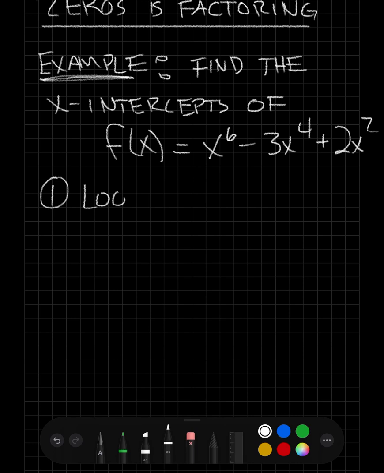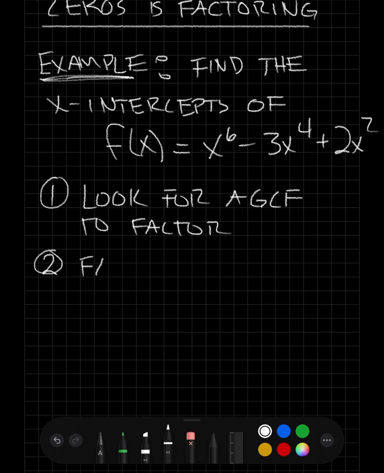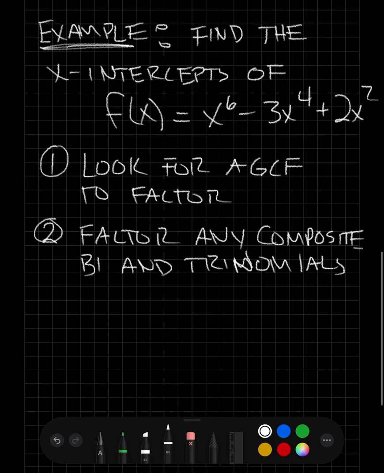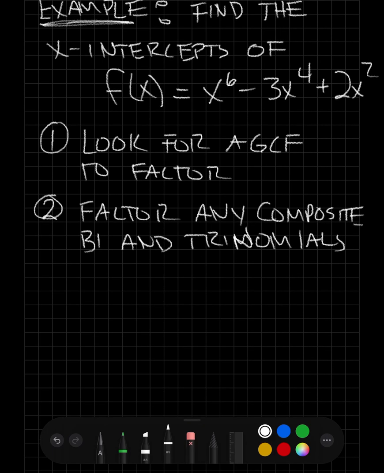The first thing I'm going to do is look for a GCF to factor. And then the second thing I'm going to do is factor any composite binomials and trinomials. That's very math lingo heavy. I'm going to go into that and explain what I mean by factoring composite binomials and trinomials.